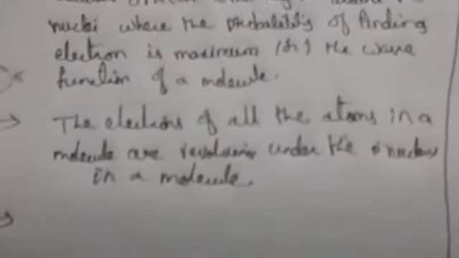So what is the next one we can say here? The molecular orbitals are formed when atomic orbitals combine linearly.